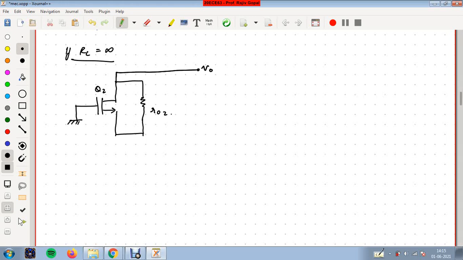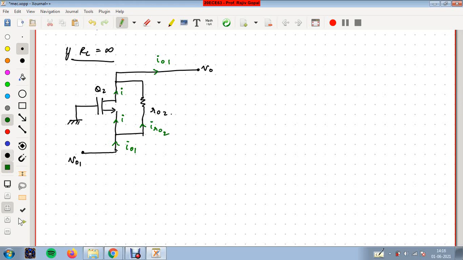RL is infinite, so it is open circuited. This one is connected to V01. If I assume the current flowing like this is I01, obviously the same current I01 will come here. Here I will assume IR02.